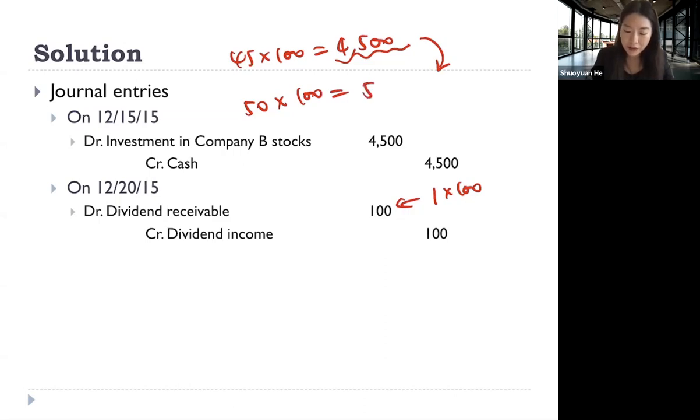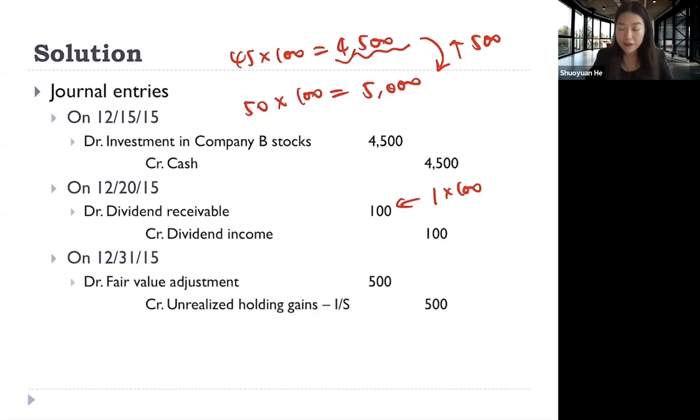So that's 5,000, a 500 increase in the fair value. The journal entry we make here is to debit fair value adjustment for 500, credit unrealized holding gain for 500.